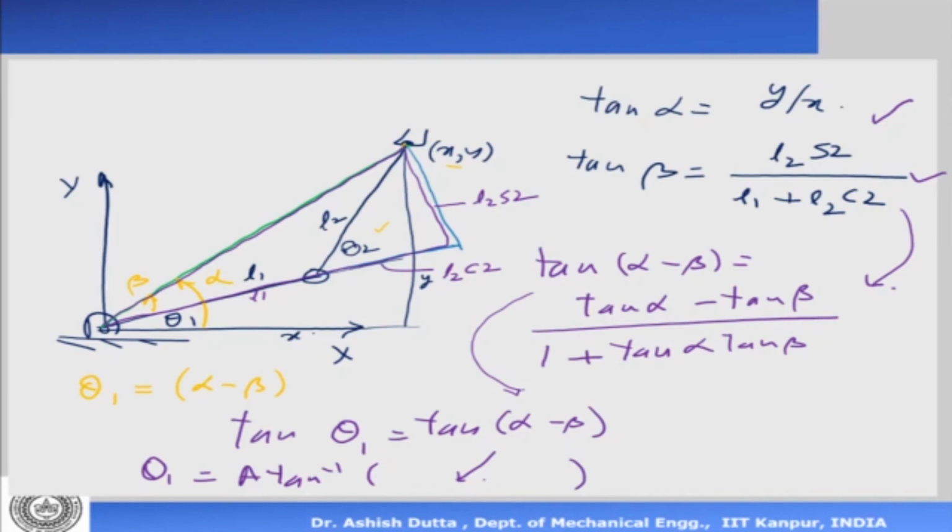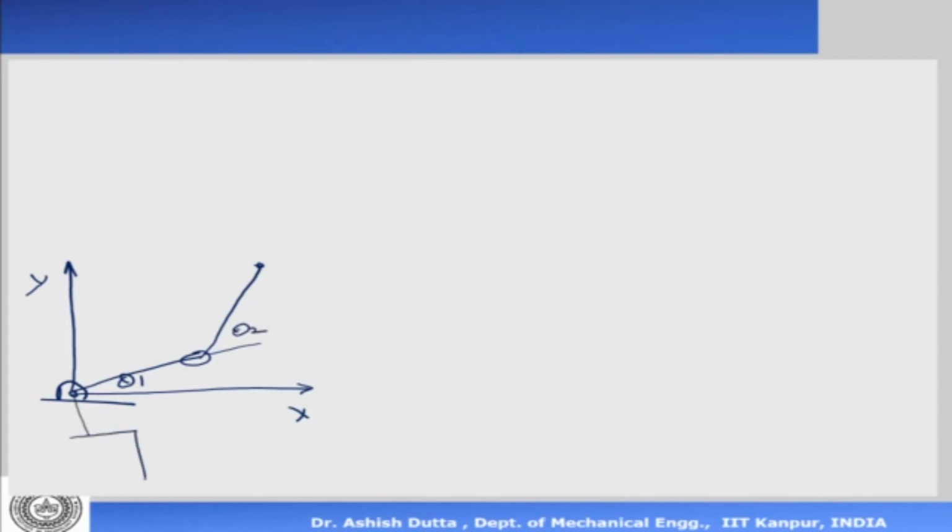Okay, so let's look at this robot here. X-axis, y-axis. Now this is my theta 1 and this is my theta 2. Now how does this robot actually move? There will be some motors attached to the joints, right? The motor will rotate and then the joint will rotate and then the end effector will move.